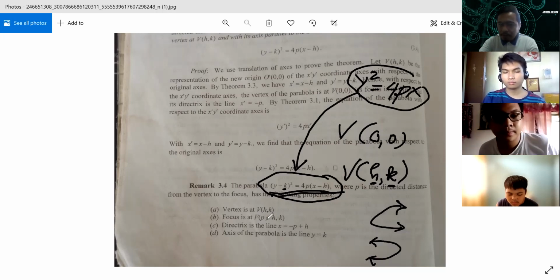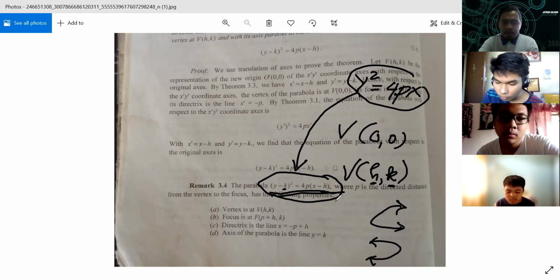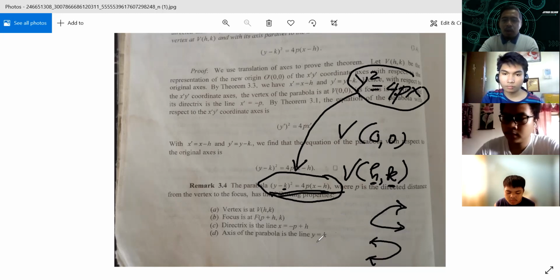Okay? You just added p here. While in your directrix, you just added h, negative p plus h. Okay? And your axis of parabola will be y equal to k.